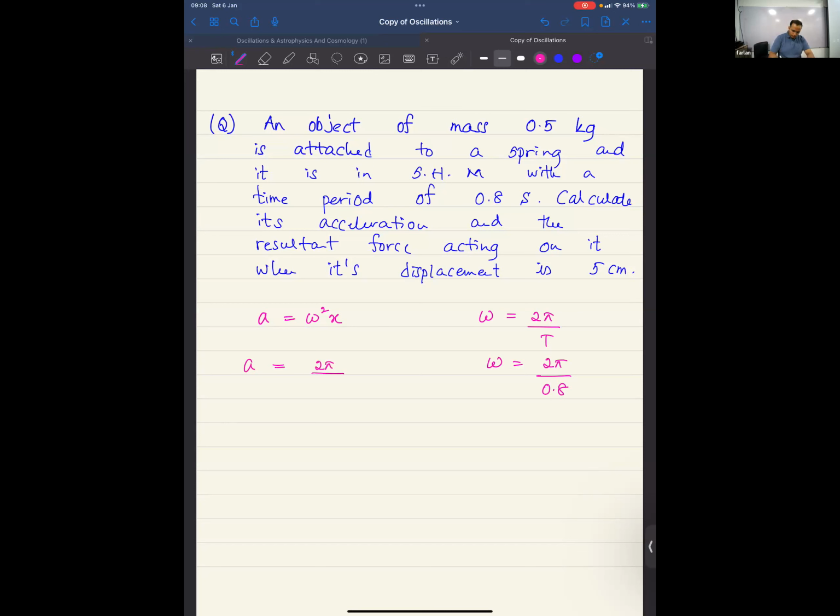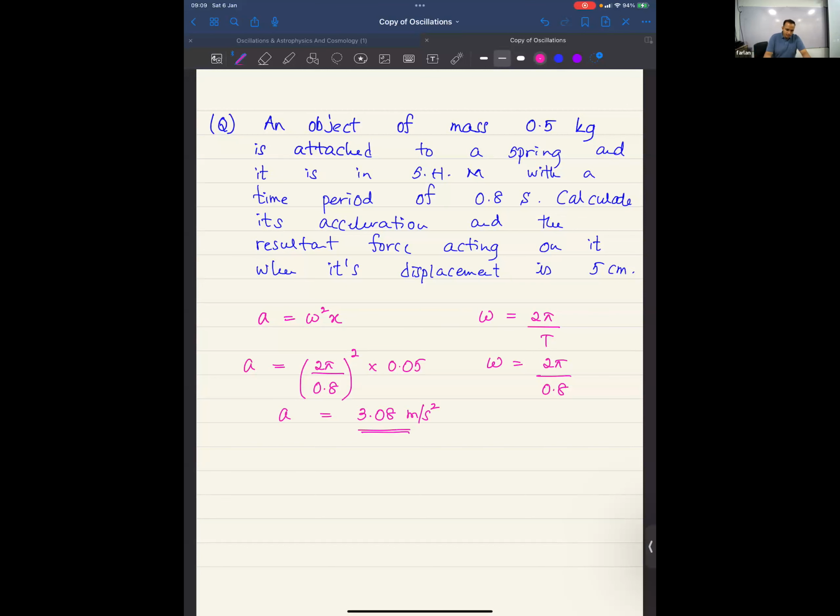Omega is 2 pi over 0.8, and that needs to be squared, multiplied by the displacement, 5 centimeters, which is 0.05 meters. That will give you the acceleration when the displacement is 5 centimeters. That is 3.08 meters per second squared. That is the acceleration.